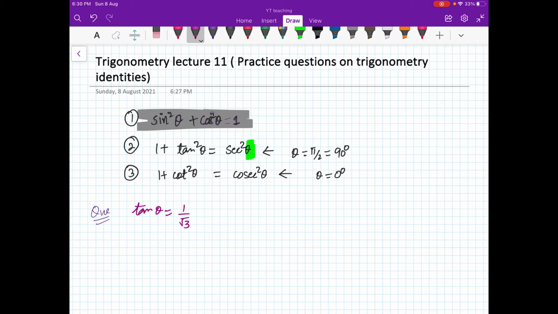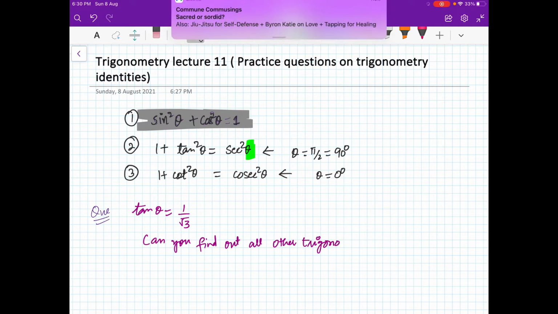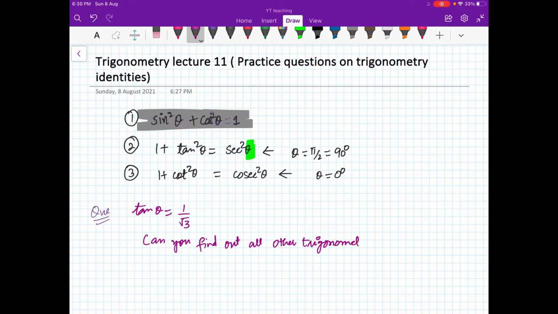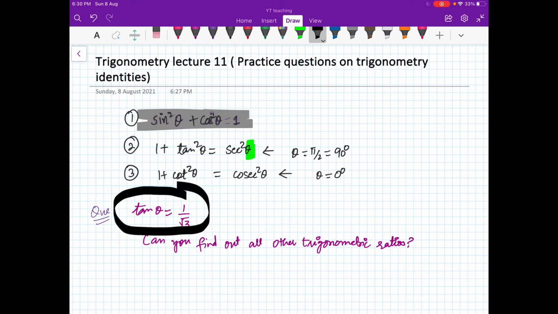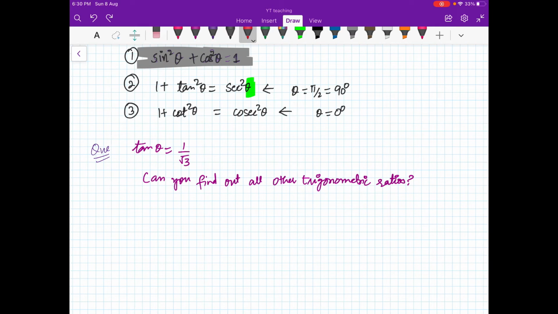Can you find out all other trigonometric ratios? So you know one of the trigonometric ratios, and you have to find out all the other trigonometric ratios.